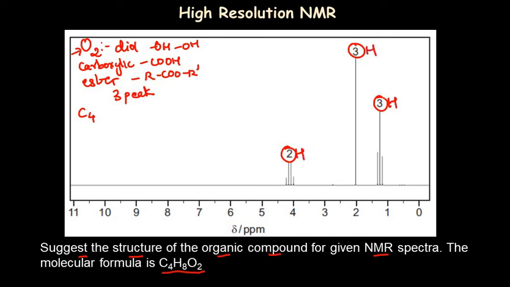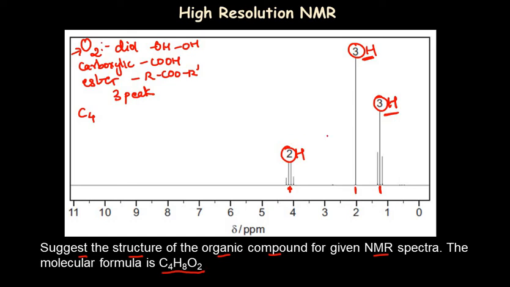So the first signal is responsible for 3 protons, that is 3 protons are going to produce this peak at a range of about 1.3. The second peak, which is a singlet, is produced at 2, and 3 protons are responsible for such a peak. And the last peak, which is at about 4.1 or 4.2, is produced by 2 protons.